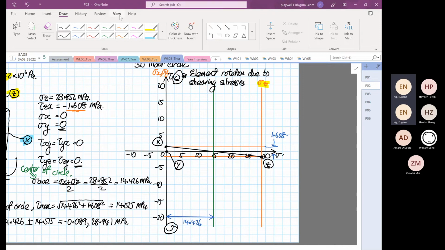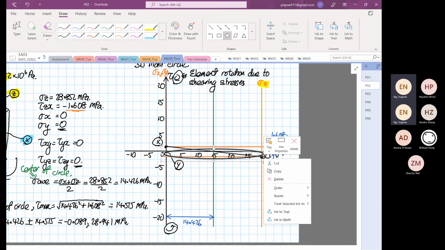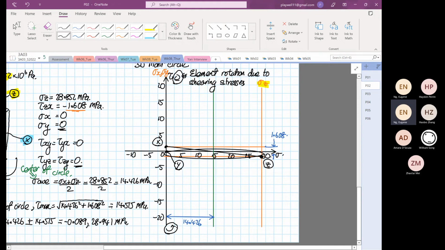So I'm going to sketch this out. So minus 0.089 is very close to 0, and then the other will be 28.9. As I say, this is just a sketch. And then the shear is going to be at what? 14.426.